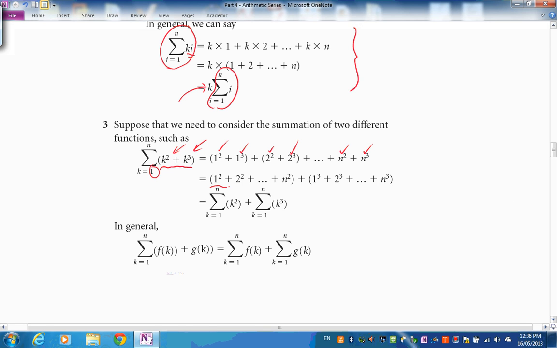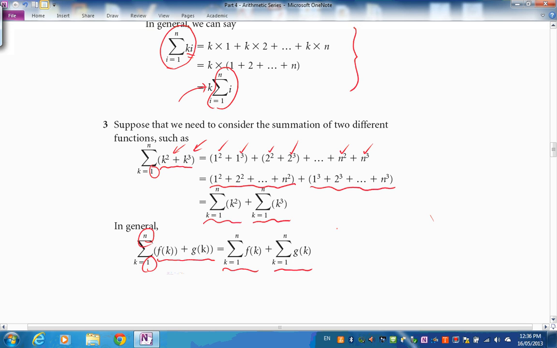But you could separate it, couldn't you, into the squares and the cubes. So you could say it's the sum of the first part, the sum of the second. So the general rule is, if you're summing over the same interval, mind you, from 1 to n for both of them, you can split them up as 2 individual sums and do the 2 separately.